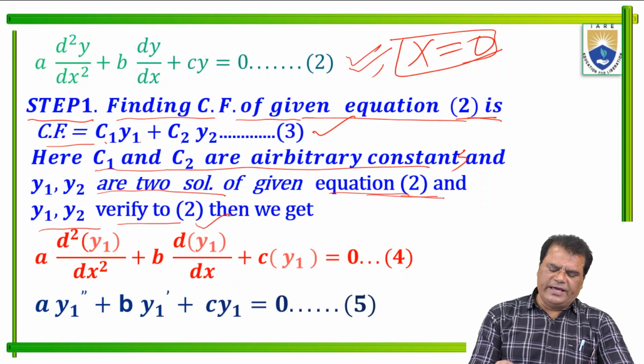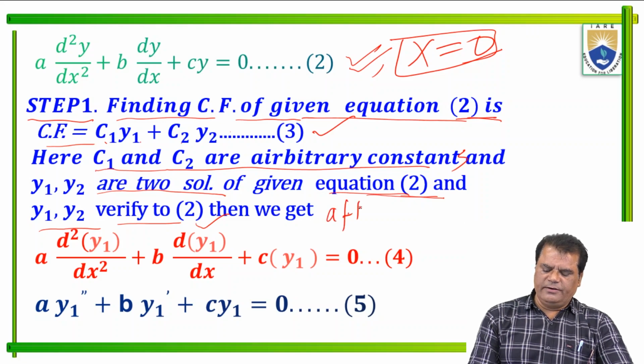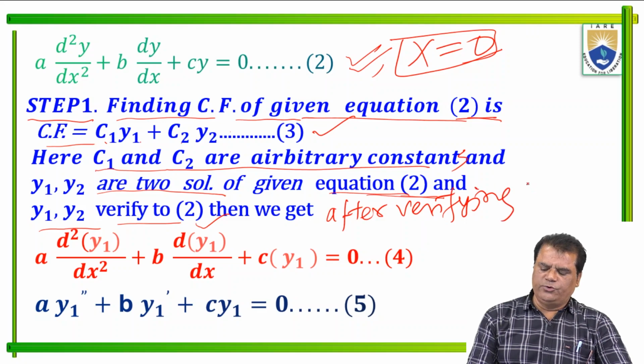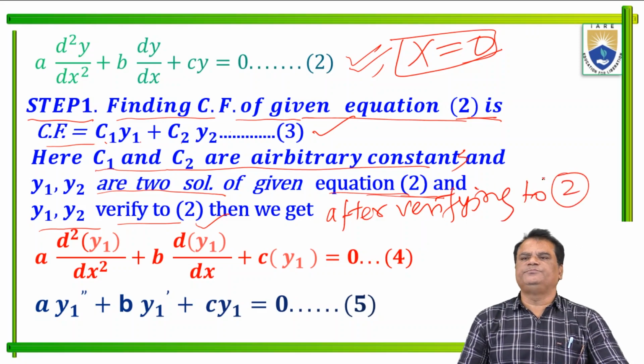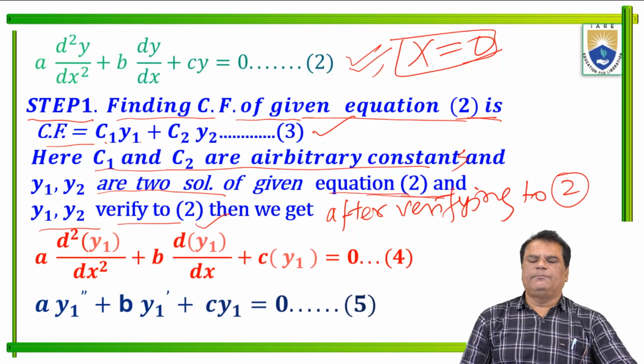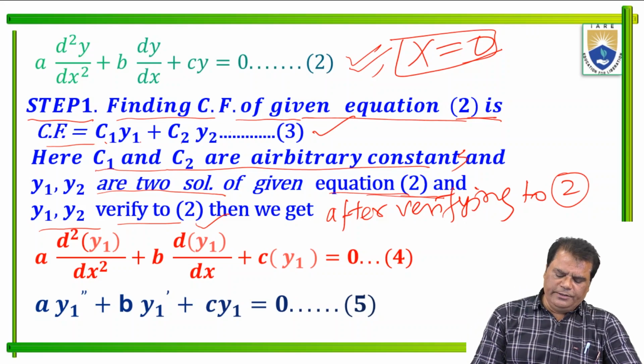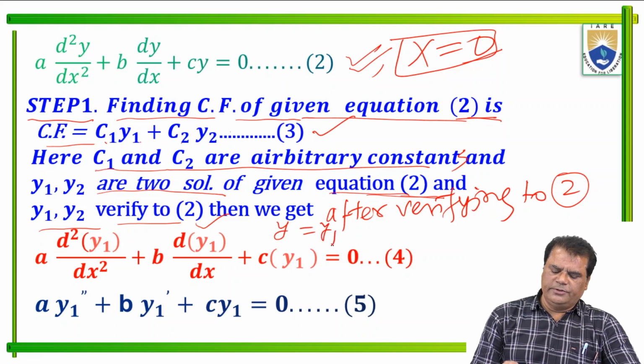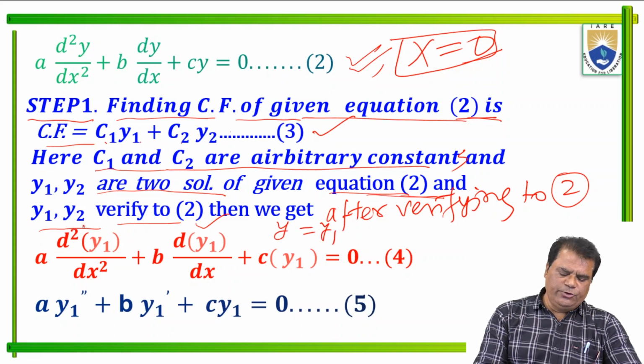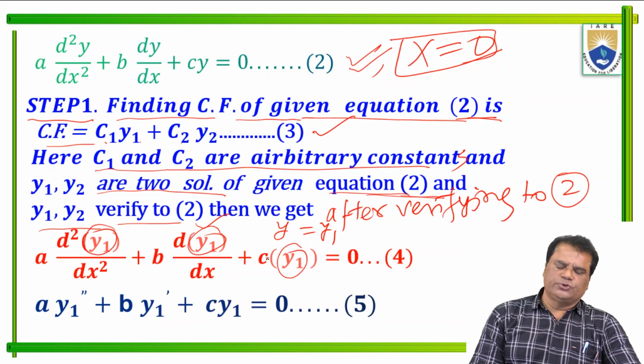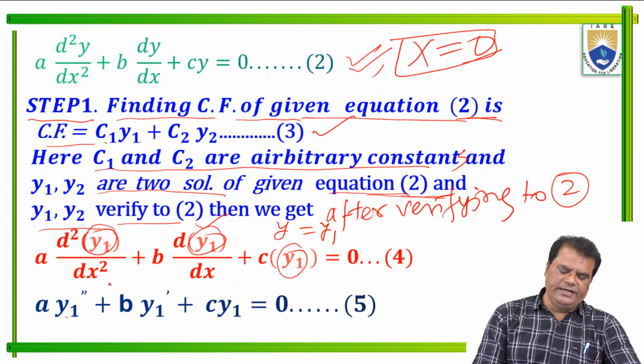Now we verify equation 2 with the help of y1 and y2. Putting y equal to y1, a d2y over dx2, with y equal to y1, two times differential of y1 gives y1 double dash.